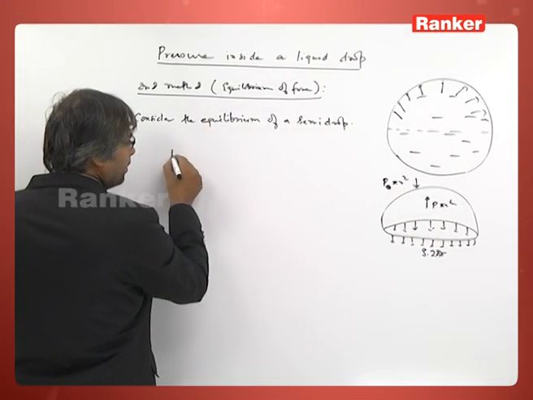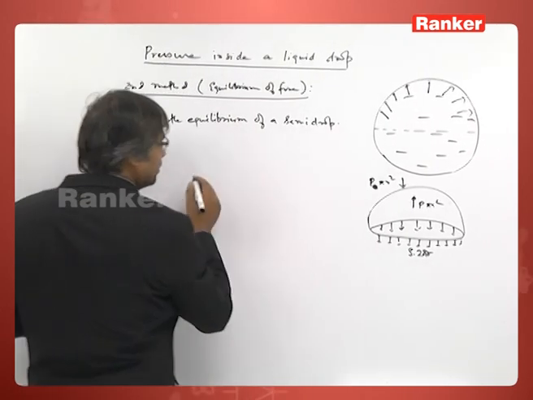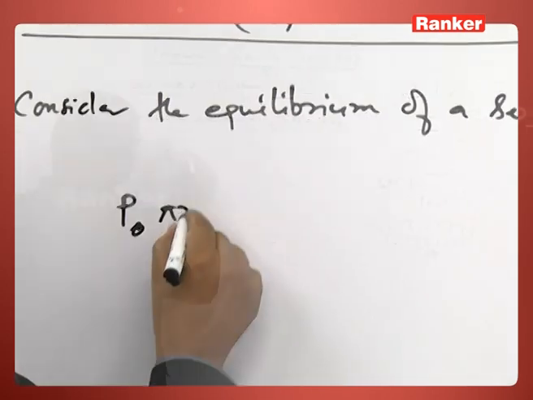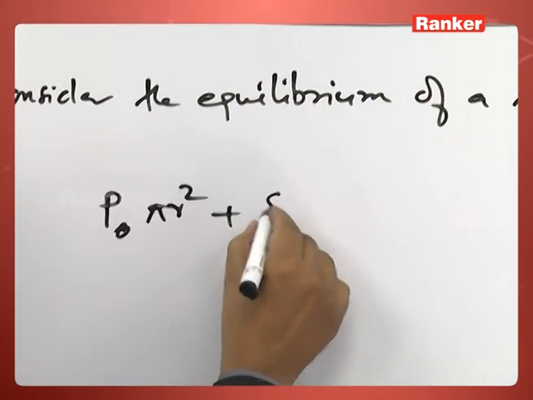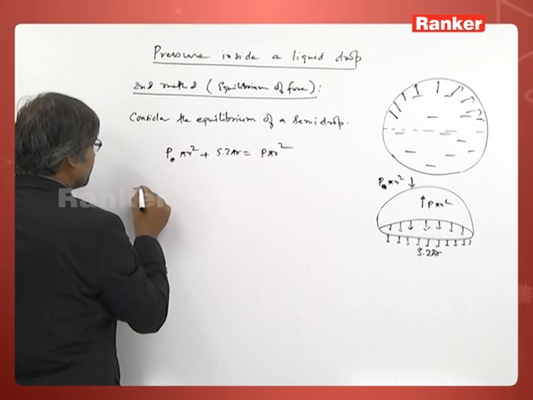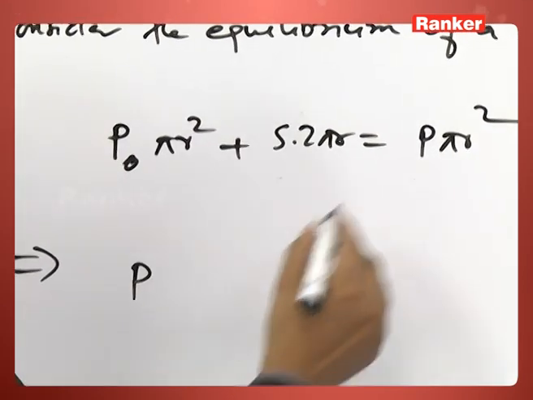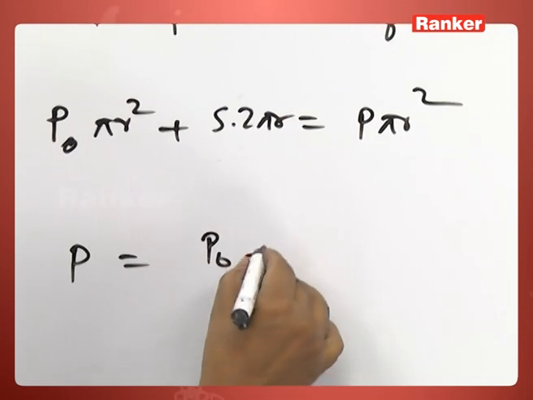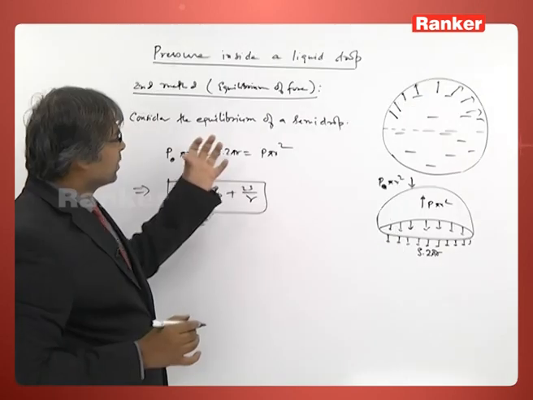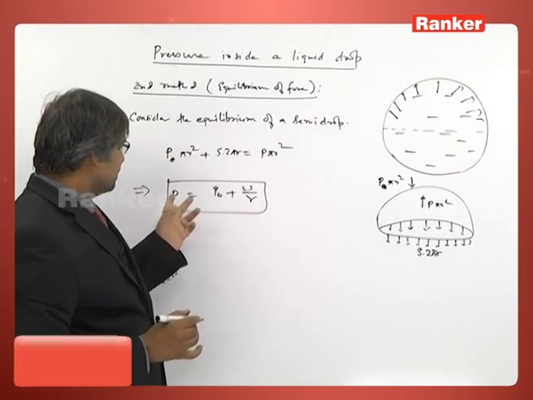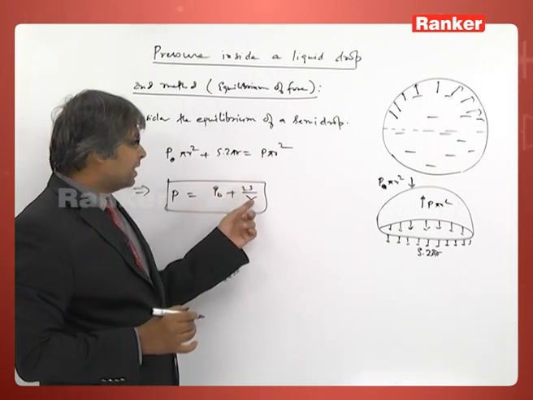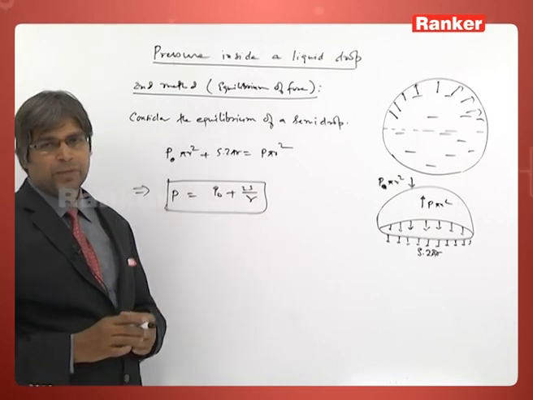So, P naught into pi r square plus S into 2 pi r is equal to P pi r square. Let us divide by pi r square. So, P is P naught plus 2S by R. Thus, by this equilibrium of force method too, the pressure inside the liquid is 2S by R more than the atmospheric pressure.